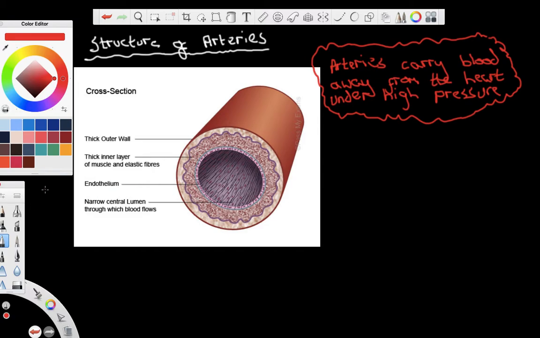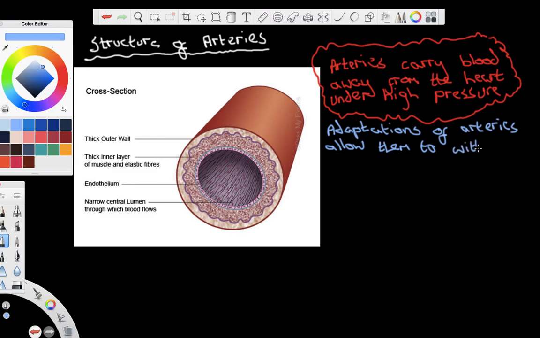So we can also add to this by saying that adaptations of arteries allow them to withstand high pressure.